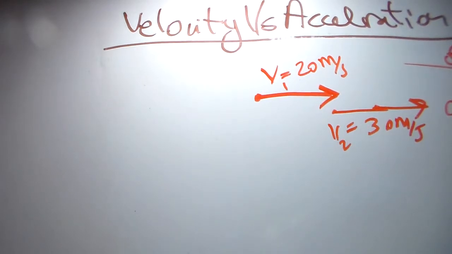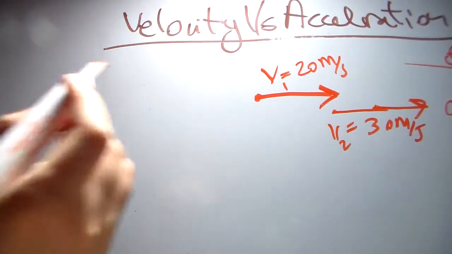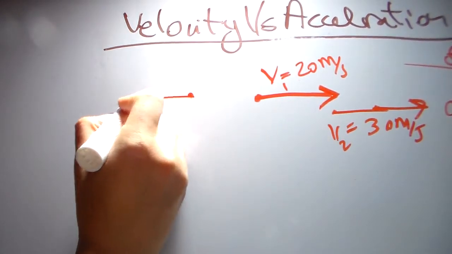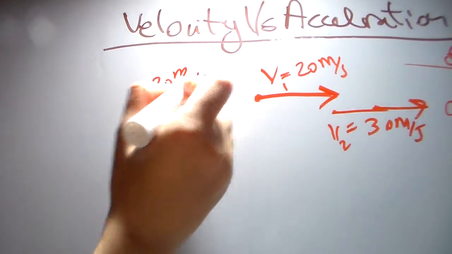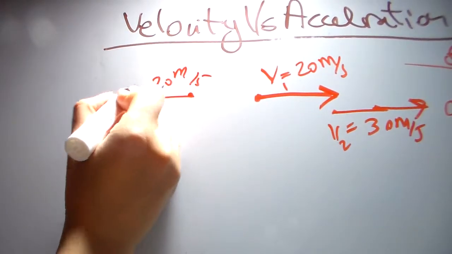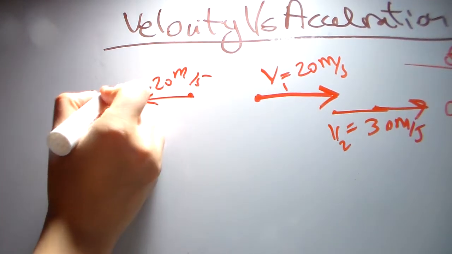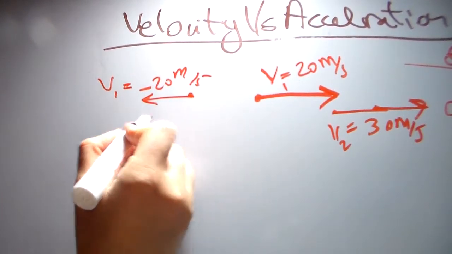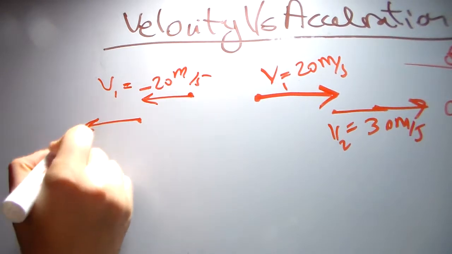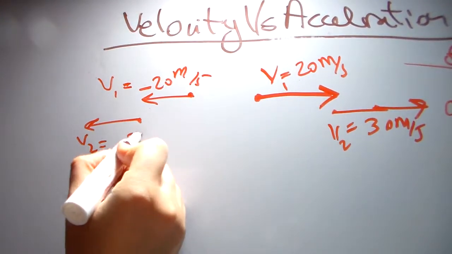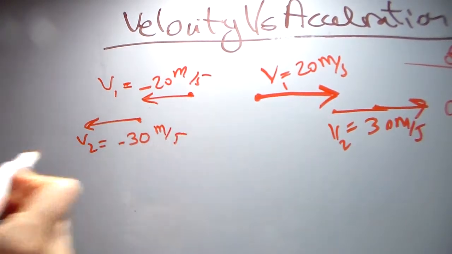On the other hand, I can have a motion with a velocity of, let's say, 20 meters per second to the left. In our convention, this is denoted by a negative sign, and this is my v1. Then a second later, my velocity v2 is increased to 30 meters per second.